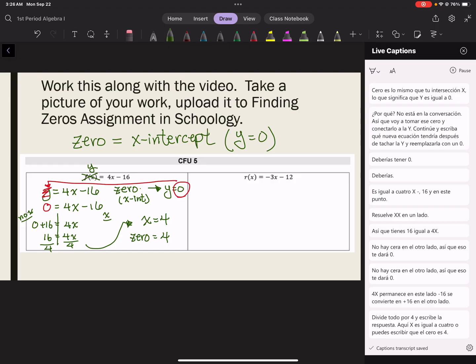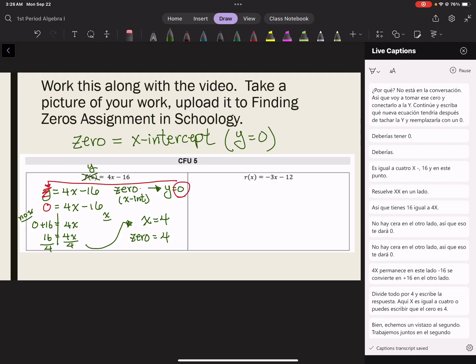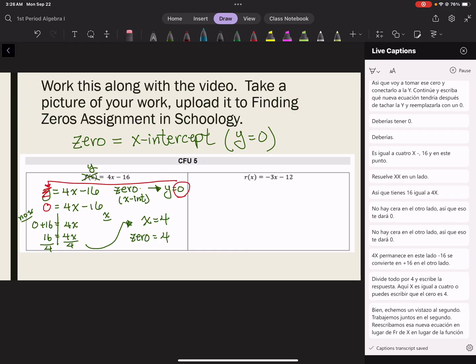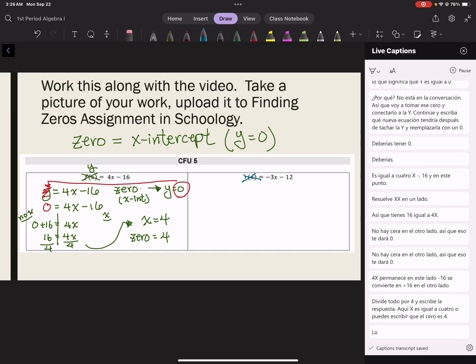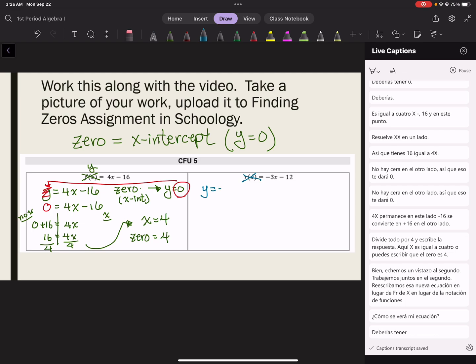Okay, let's take a look at the second one. Let's work through the second one together. Let's rewrite that new equation. Instead of r of x, instead of the function notation, what's my equation going to look like? You should have written y equals negative 3x minus 12.